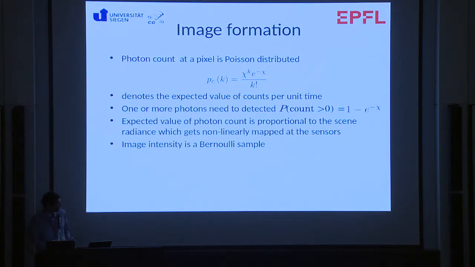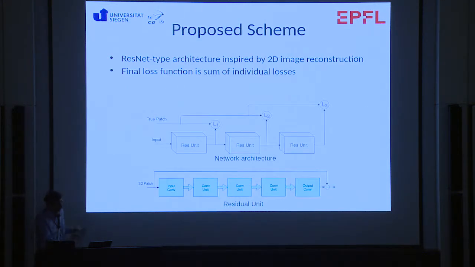But what we are interested in is the scene radiance. So we see that the scene radiance gets mapped in a nonlinear fashion by this particular term at the sensor. So we see some sort of a nonlinear sensing of the scene radiance. And at the end, the image reading is nothing but a Bernoulli sample according to this particular probability. So we simulate images as a Bernoulli sample.